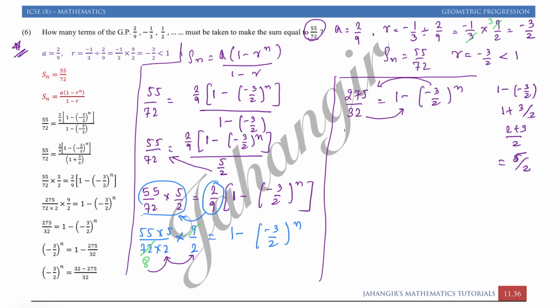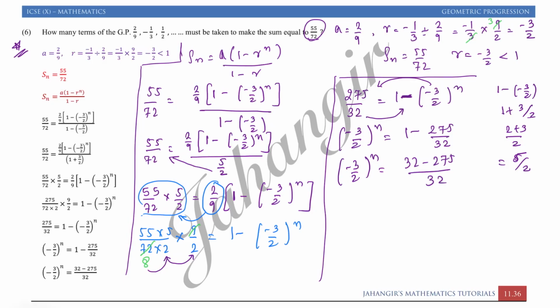Next, so we can write, see, this minus will now become plus, inside minus will remain same, 1 minus 275 upon 32. So we can write minus 3 by 2 raised to n, taking LCM, 32 minus 275 upon 32.